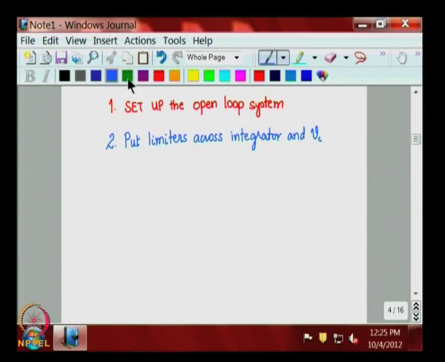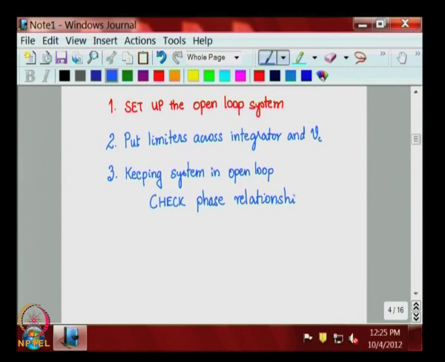And then the third point, in the open loop, keeping the system in open loop, check the phase relationship. This is very important.